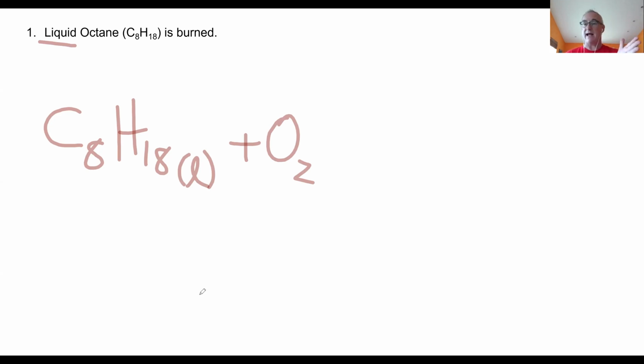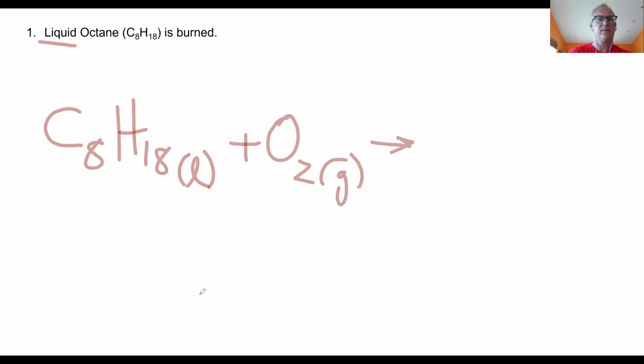So if we're doing a reaction under those circumstances, that is the form of oxygen we're going to be using. And so what state is oxygen in at 1 atmosphere of pressure? Gas. It's a gas. So we would put G.